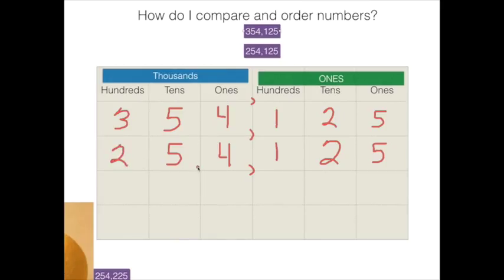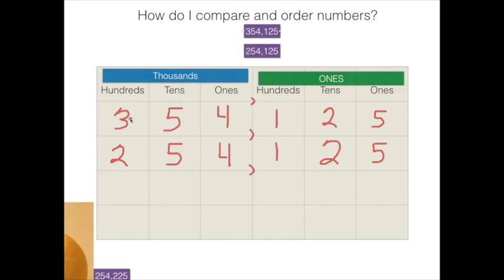Now, to compare them and see which one's bigger or smaller, all I got to do is start lining them up. Well, here I have a tie, so nobody wins. Here I have a tie, nobody wins. Here I have a tie, nobody wins. So far they're the same. This place value, the 1,000s, both got a 4, so it's still a tie. 10,000s, 5 in each one, so it's still a tie.